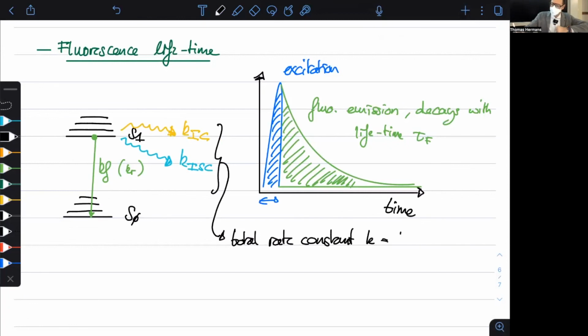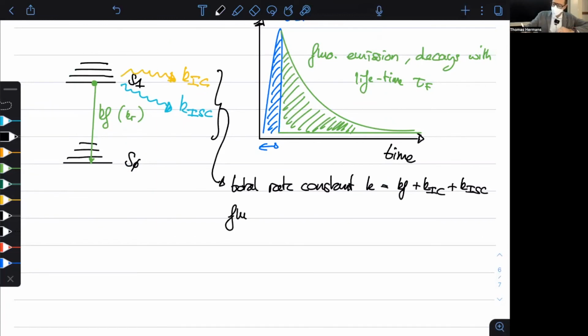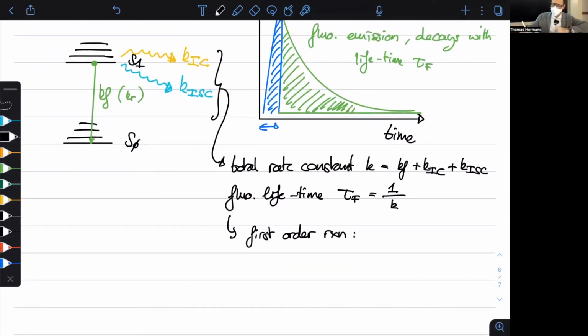K is Kf plus K internal conversion plus K intersystem crossing. Okay, and the fluorescence lifetime tau f is just 1 over K. It's very simple, right? So that's how you should think about it. It's a first order reaction. You know, like radioactive decay, fluorescence decay is all the same.